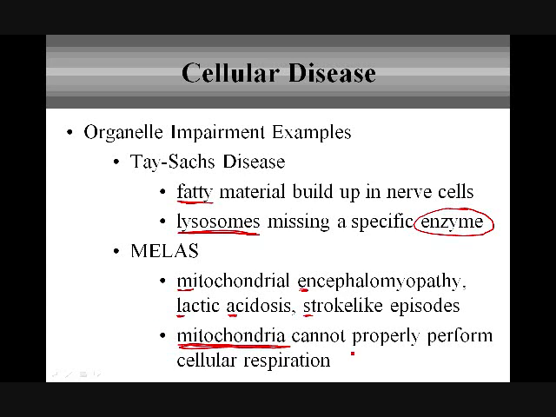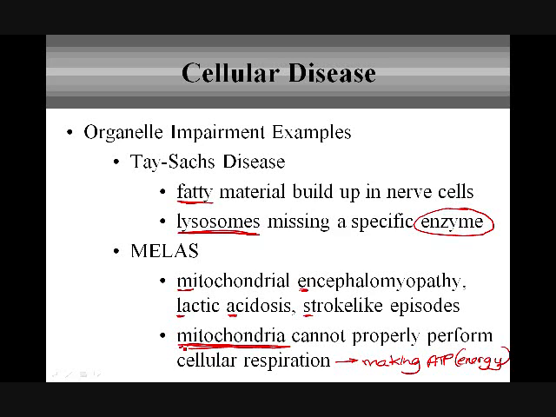And we should know that the mitochondria are responsible for cellular respiration, which is ultimately how we're making ATP, how we're making our energy. So if the mitochondria aren't doing that job properly, that means that the body is not receiving proper energy in order to do its particular functions.